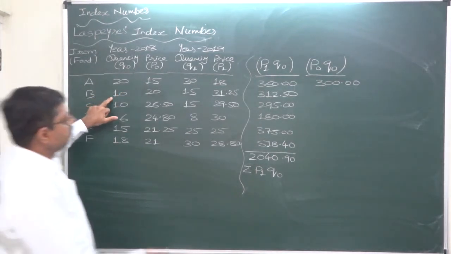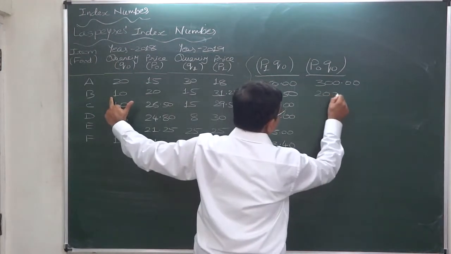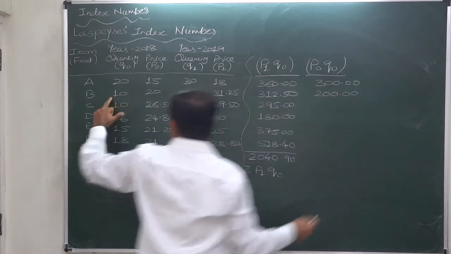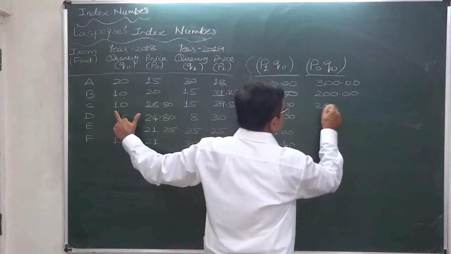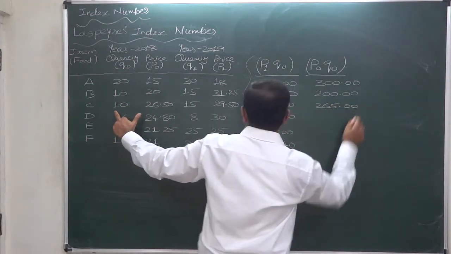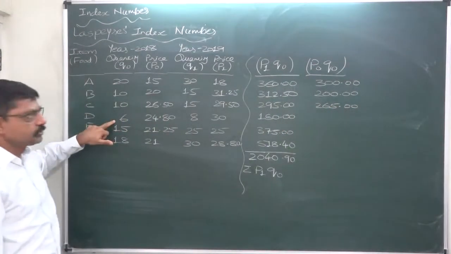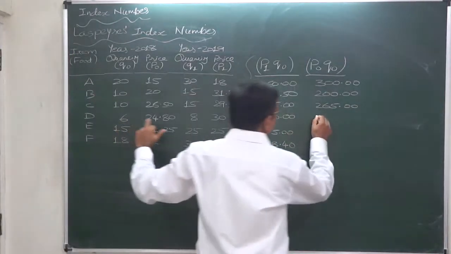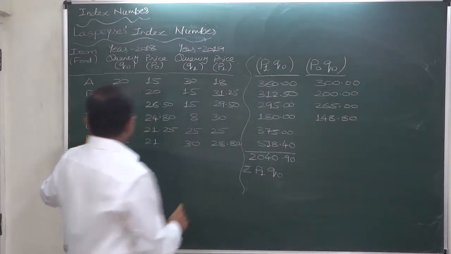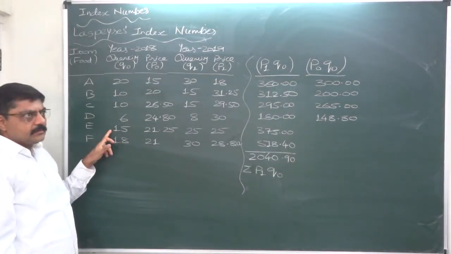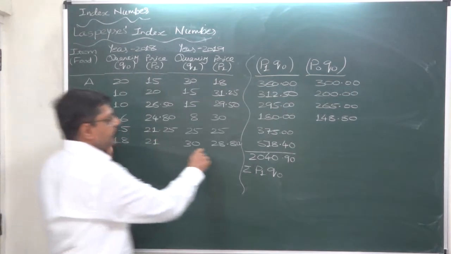Similarly, in case of B, it is 200. In case of C, it comes to rupees 265. In case of D, it comes to rupees 148.80. In case of E, it comes to rupees 318.75.